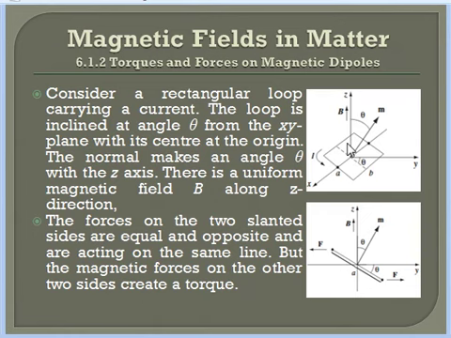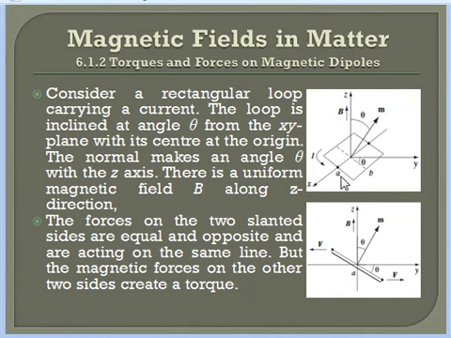Now we have to calculate the force and torque acting on this rectangular loop. Here we can see that the forces on these two slanted sides having length A are equal and opposite as per Fleming's left hand rule.